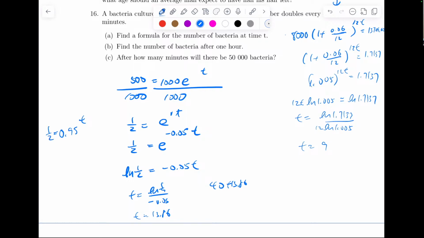But the problem is this is not a continuous thing. This is annual. So what would you get? About 13.5, the same thing.